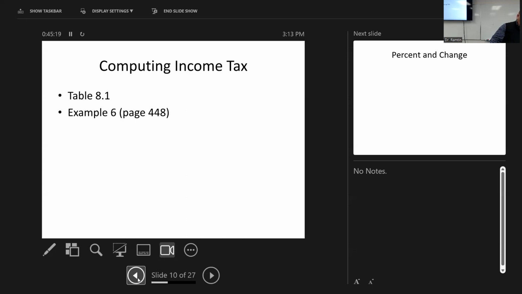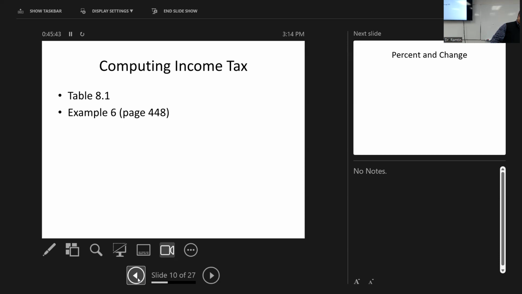It's supposed to give you information for computing income tax. Depending on how much your income is, and whether you're filing your income tax single, married filing separately, married filing jointly, or head of a household, there are different rates. Let's take the first column, the single one.